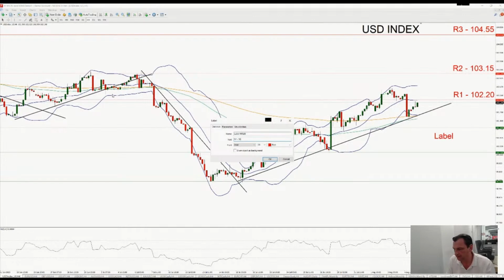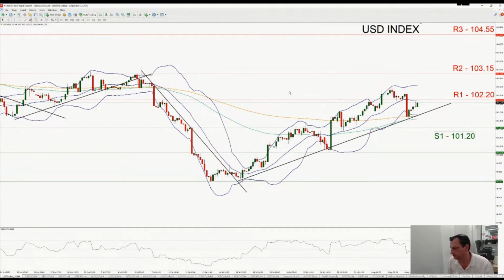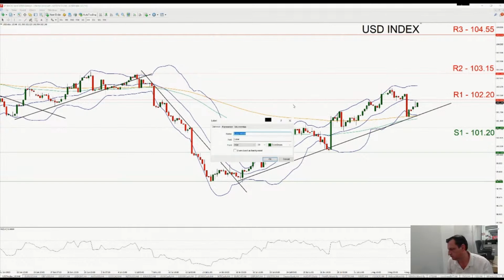First support line being placed at 101.20, 100 ticks lower. Dark green. Second support line 100.30.